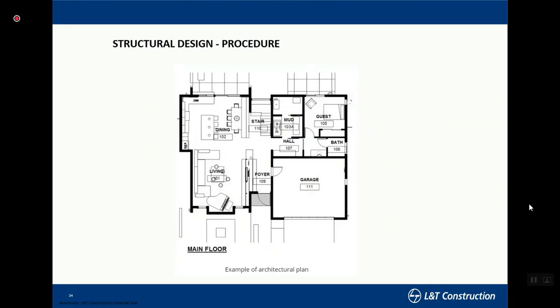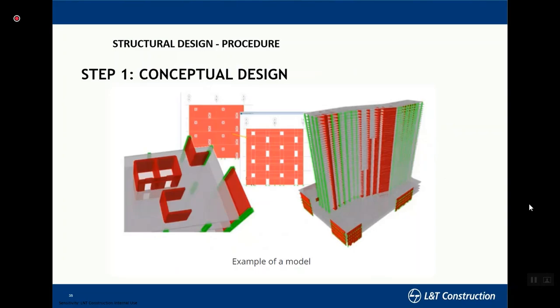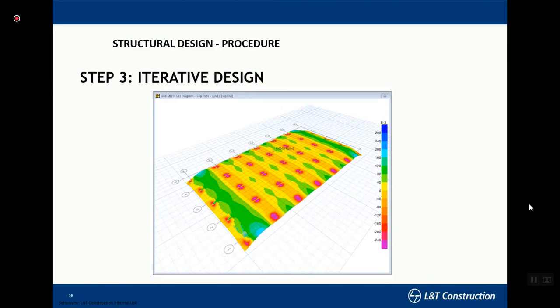If you typically see how a structural design is done, we take the architectural plan or the plan and elevations. We do the structural preliminary model or the layout, which is a conceptual design. And then we do the iterative design, depending on what is more suitable, we see the various options that are possible.